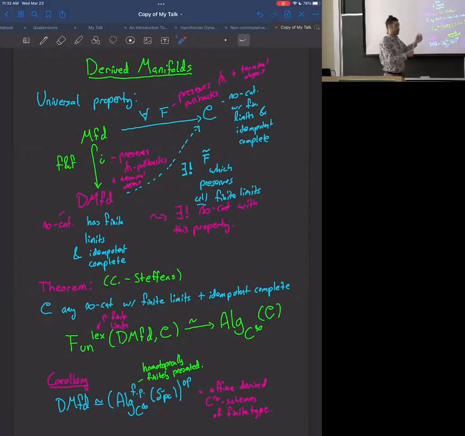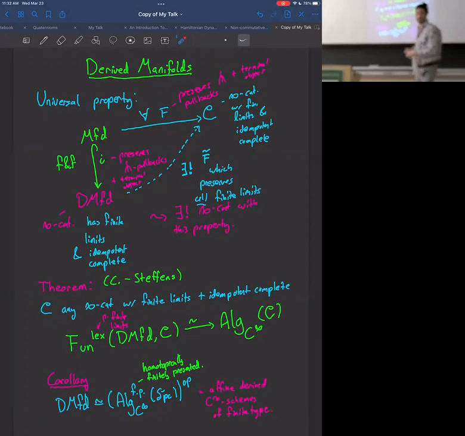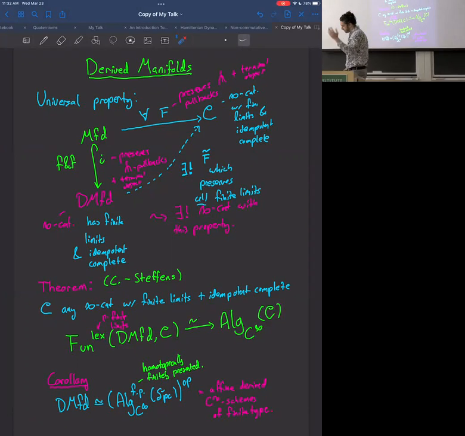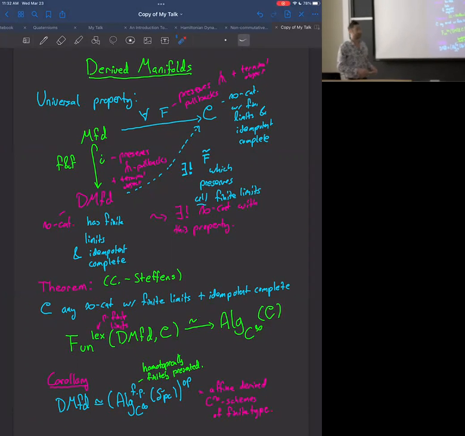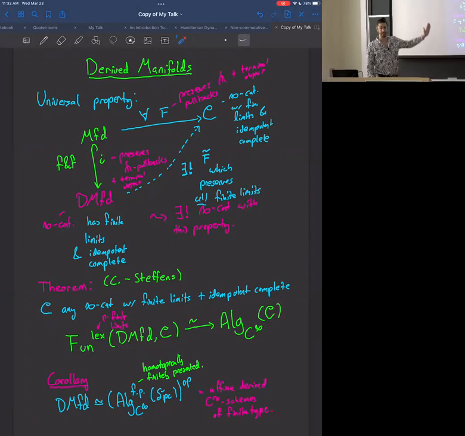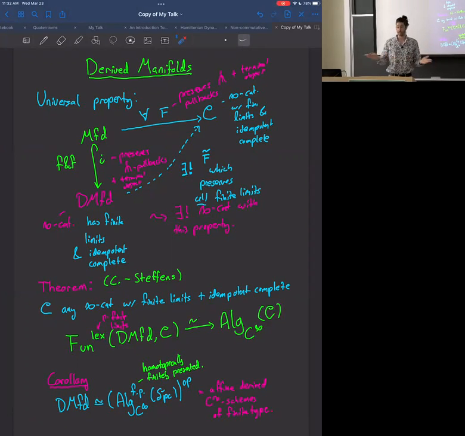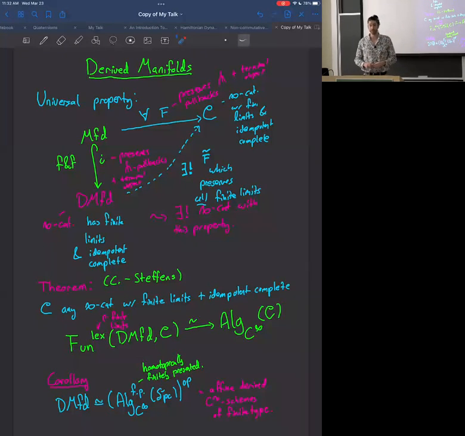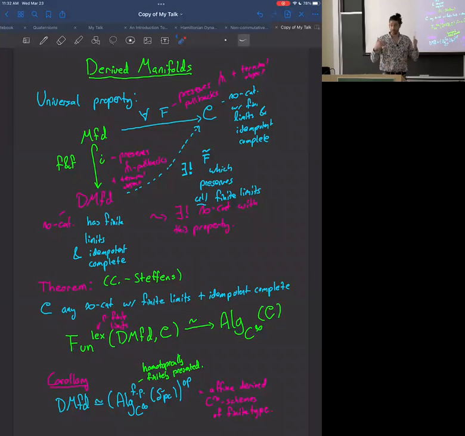So the upshot is derived manifolds are just derived schemes in the C infinity world. They're finite type. And then derived differential geometry is just derived algebraic geometry over C infinity rings. Okay, and we have no choice in that matter. We're forced. Okay, so that's what I want to tell you about derived manifolds.